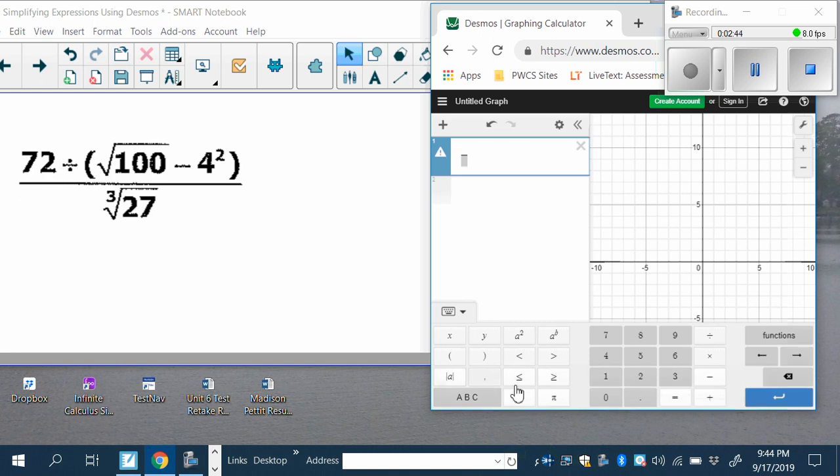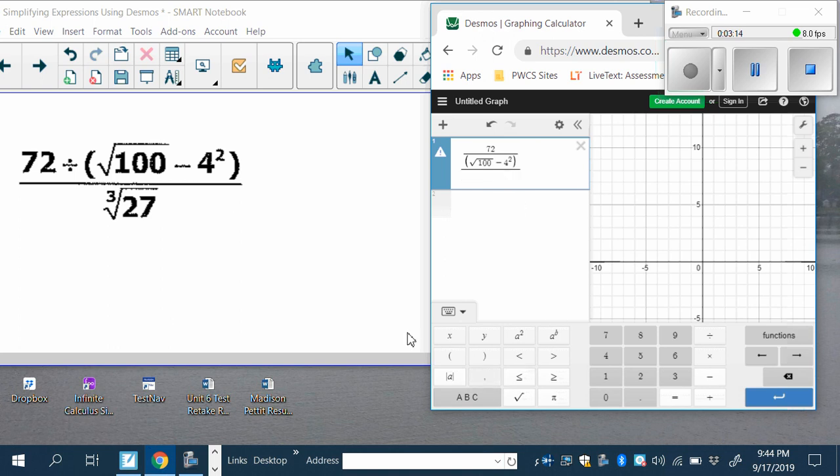I start entering the numerator, that's 72, divided by, and in parentheses, the square root of 100. Now to get out of the square root, I press my side arrow key, and then I do minus 4, and I want to square it, and then I press my close parentheses. Okay, now that's the numerator.